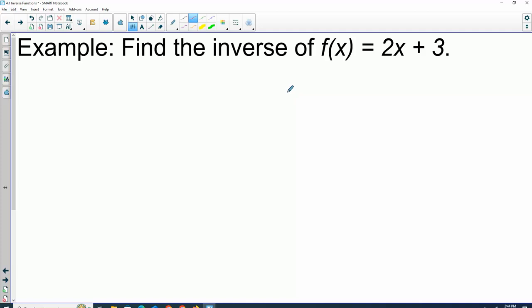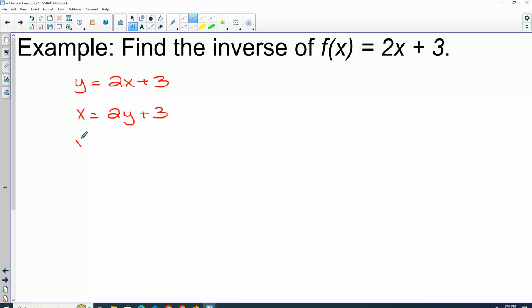Start off with the next one. So f of x is the same thing as what variable? Y. So first step, instead of f of x, we write a y. Okay, next step. What do inverses do? Okay, so my y becomes an x, my x becomes a y. Now we want to write this in function notation.